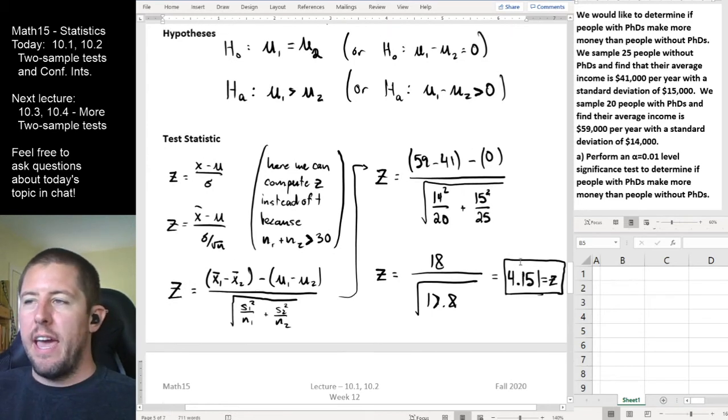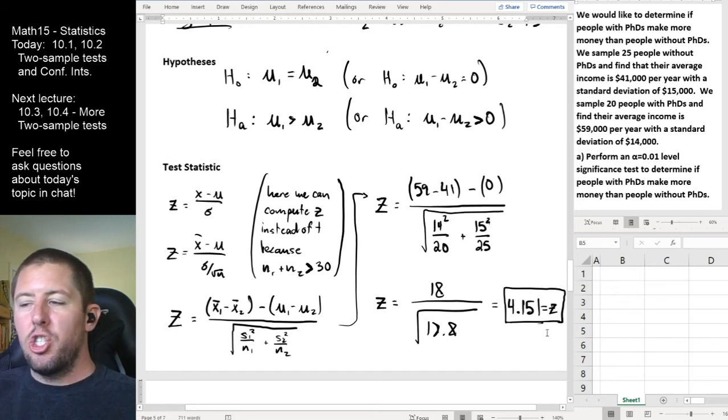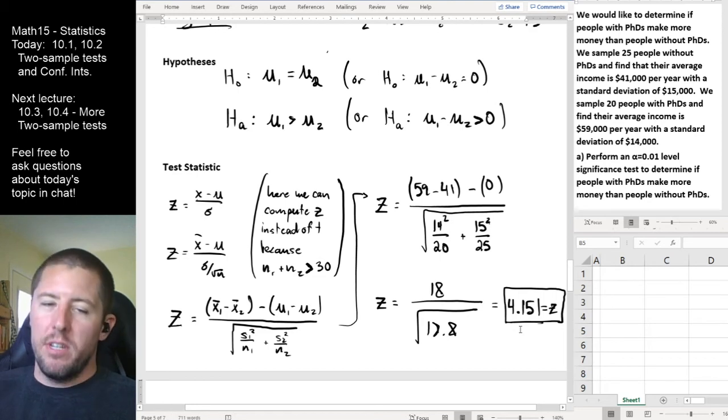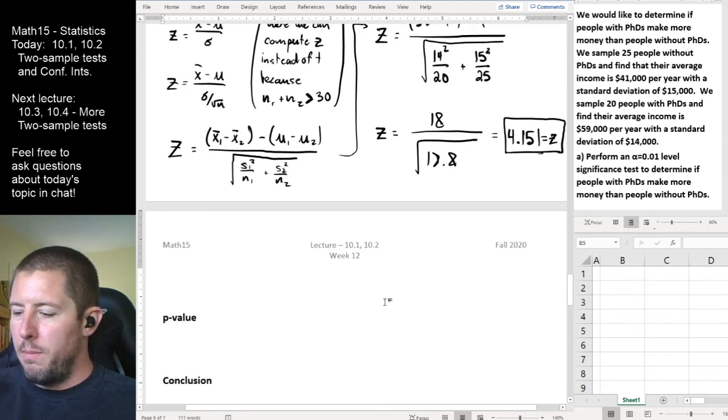I'm probably going to decide that this is so unlikely that it's actually probably the case that the null hypothesis wasn't true, rather than just believing that this happened to be a more than 4 standard deviation away from average event. This is a very unlikely event, more than 4 standard deviations away from the mean.